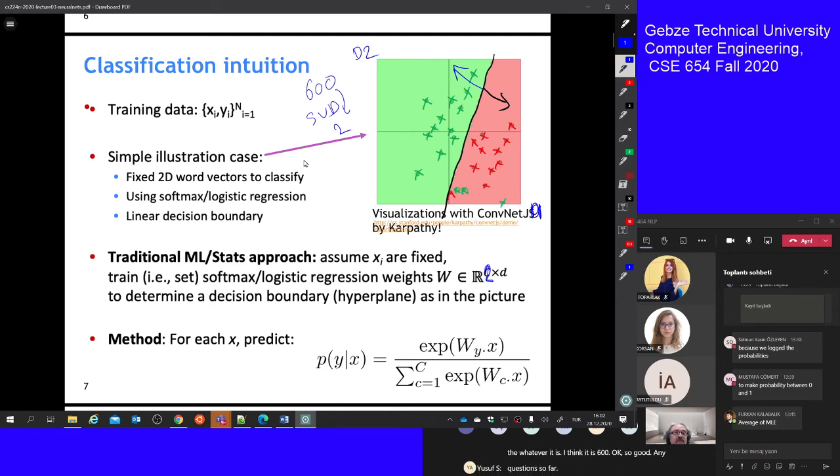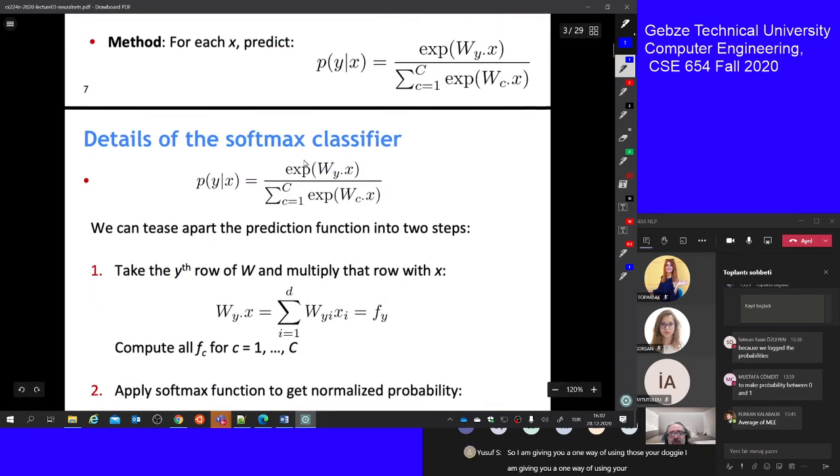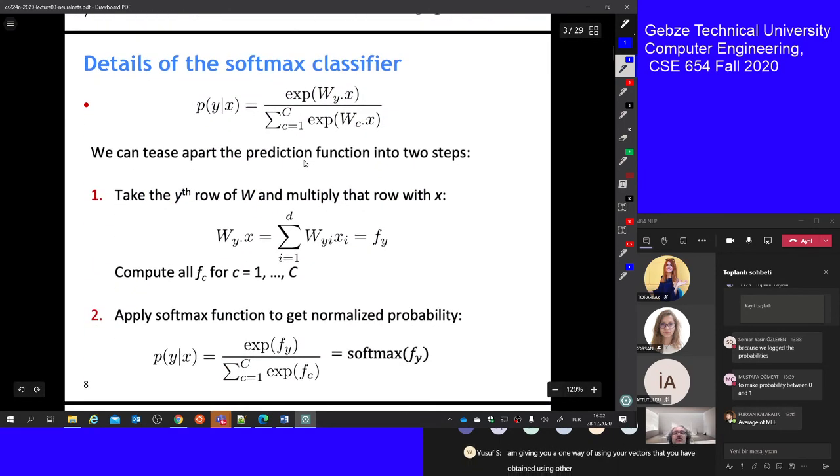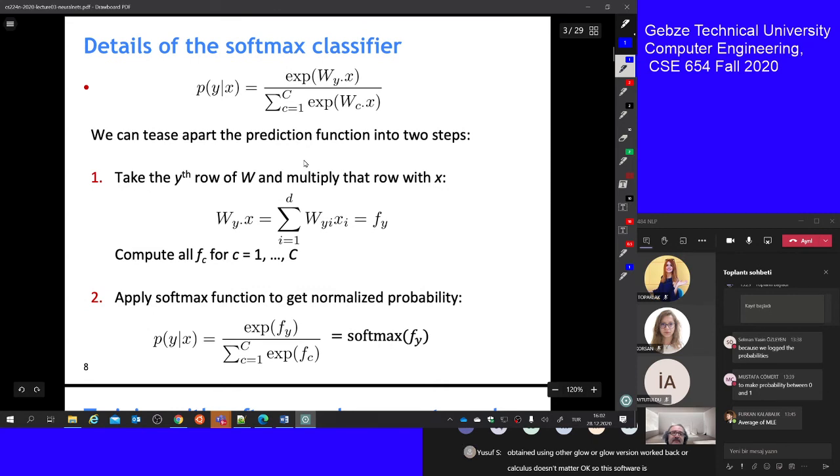So I am giving you one way of using your vectors that you have obtained using either GloVe or word2vec or co-occurrences, doesn't matter. So the softmax classifier is this. If you have more than 2 classes, 5 classes, if you like, of course, you can take them apart.